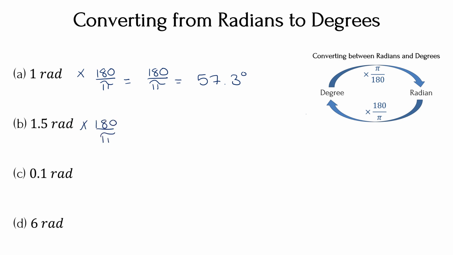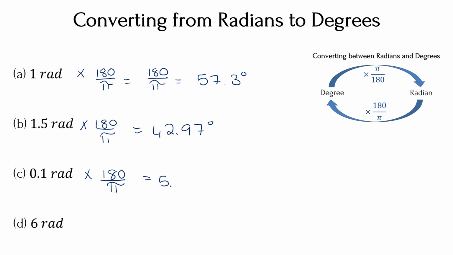So what about 1.5 radians? So we do 1.5 by 180 and divide that by pi, and that's giving us 85.94 degrees. 0.1 of a radian, so let's multiply that by 180 over pi.